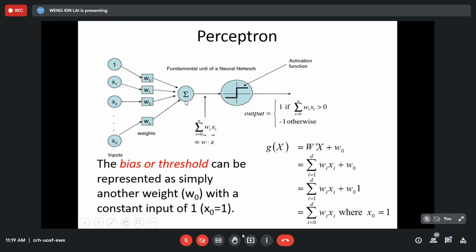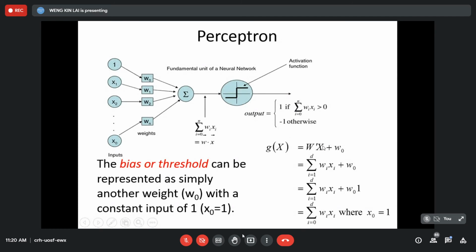And then this all sums up, and once you sum up everything, then you just apply an activation function or the non-linearity. And then is where you get the output, depending on your activation function. In this case, we're using the sign function. If the total is more than 0, you get a 1, right? Otherwise, you get a -1.